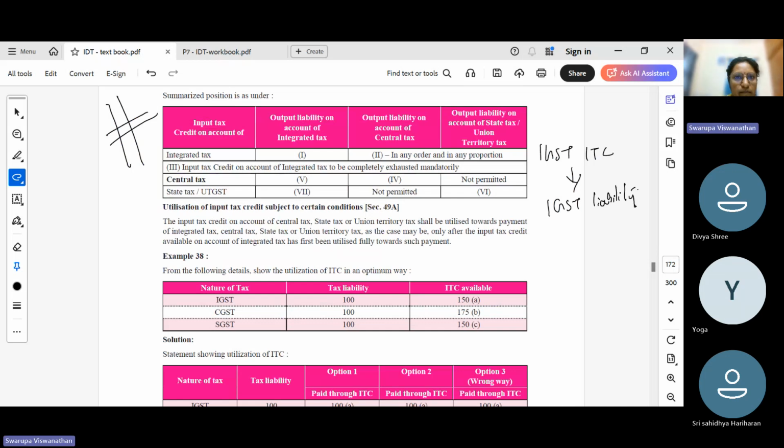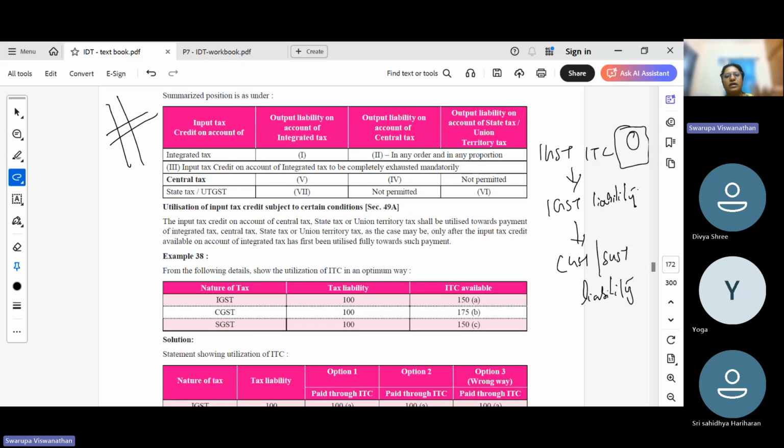After this, if there is any balance, you can use it to set off CGST or SGST liability in any proportion. I can do 50-50, 70-30, 100-0, any proportion we can do. Okay. IGST ITC should be made 0 before adjusting CGST or SGST ITC.